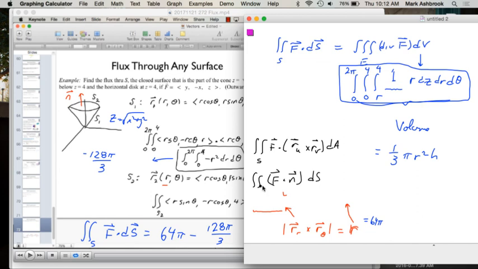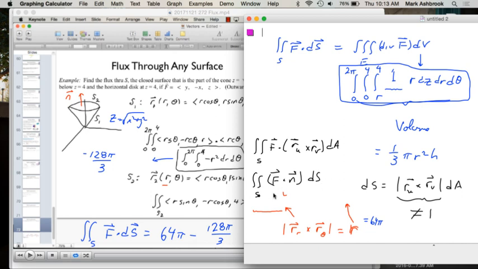When we did the problem originally, I made the assumption that dS was the same as dA, when it's not. dS is the magnitude of the cross product times dA. Whenever we didn't have a plane perpendicular to one of the axis planes, this magnitude is not necessarily 1, meaning that dS is not just equal to dA.